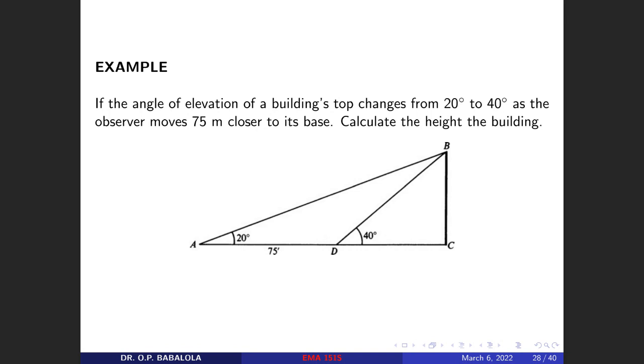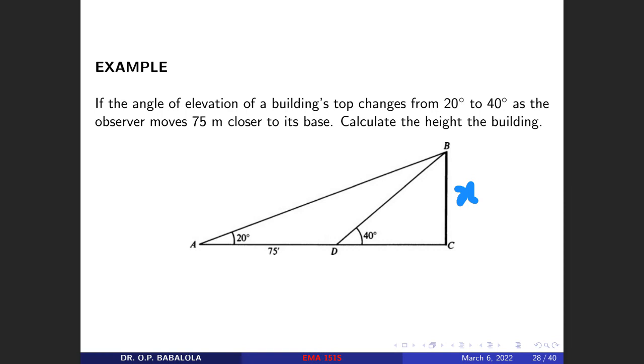Let's call it X. This is the question, height of the building. We have angle A to be 20 degrees. We have side AD to be 75. Line AC is going to be 75 plus DC, right?